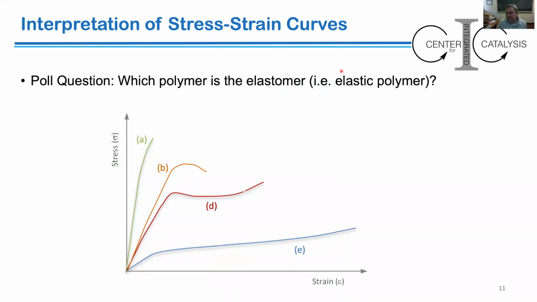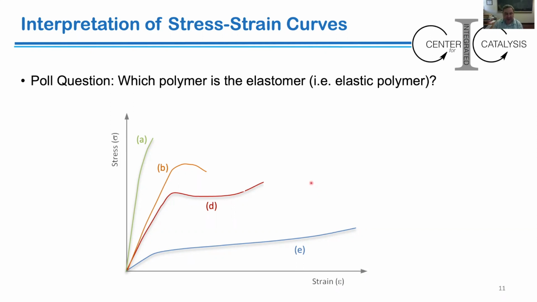All right. Okay, so we have a variety of answers. 41% say A is the elastic polymer, the elastomer. Some people say it's B, and the smallest number of people say it's D. Of course, I'm glad no one answered C because there's no C.